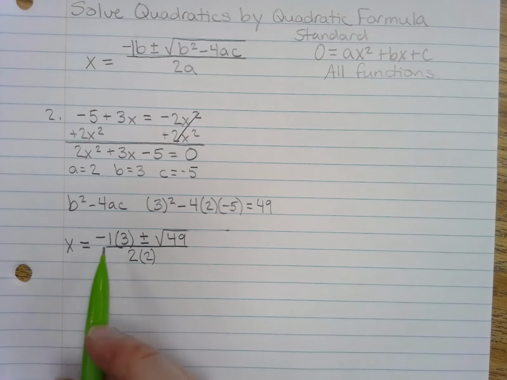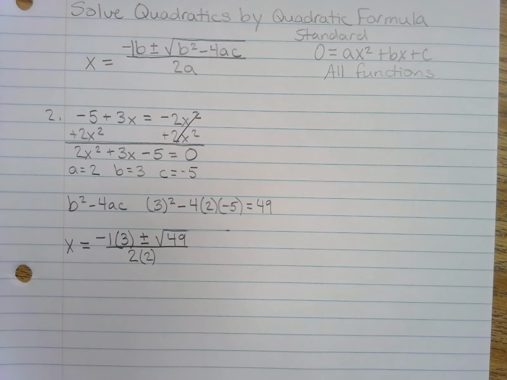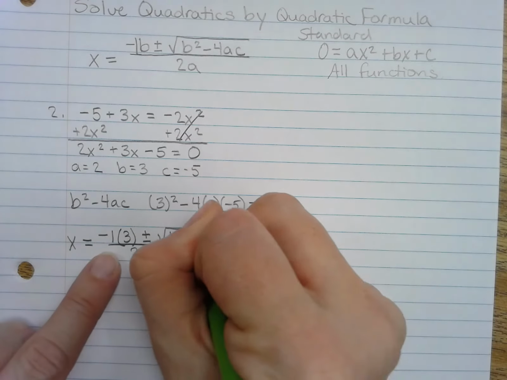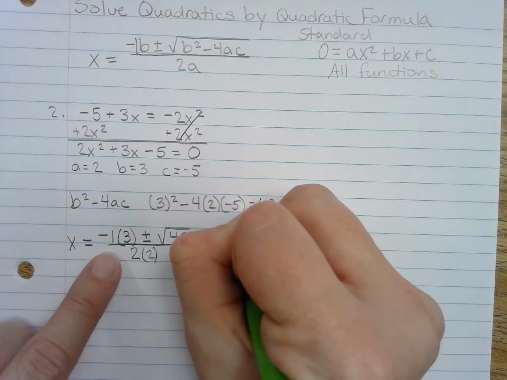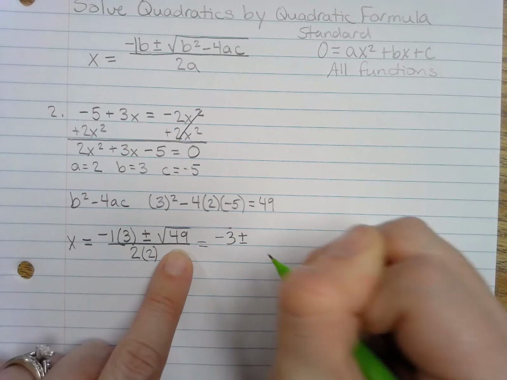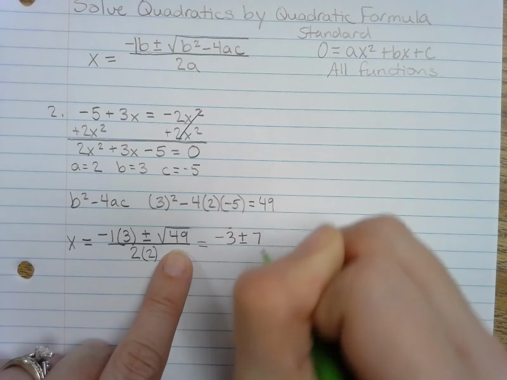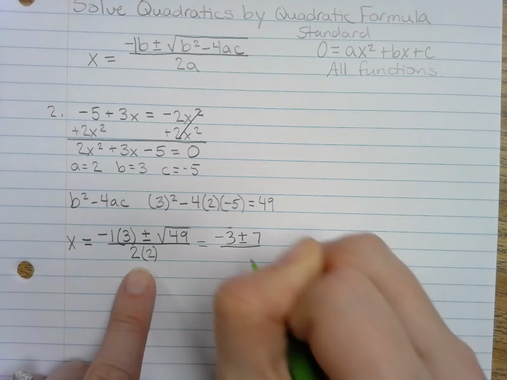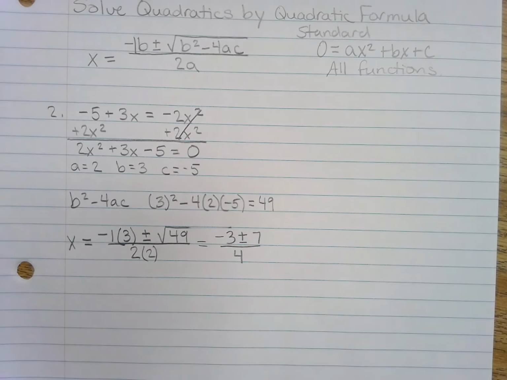Stop and make sure that you've correctly plugged things in before moving on. Here we're going to take -1 times 3, so we get -3 plus or minus 49 is a perfect square, so the square root of that is 7, all over 2 times 2 is 4.